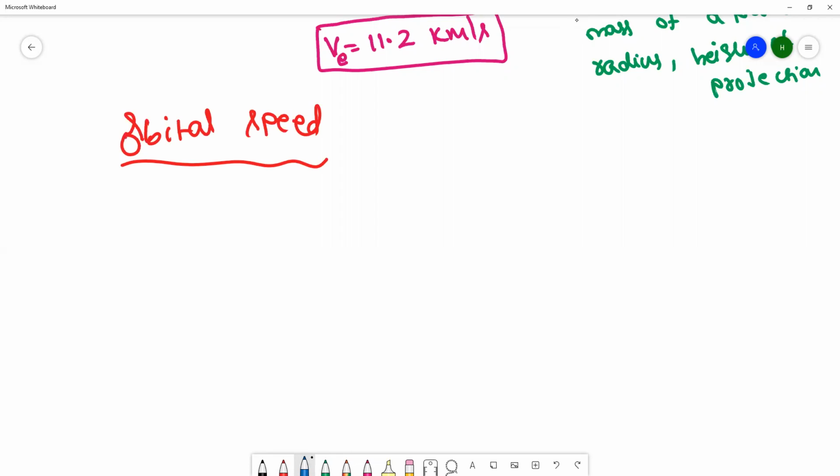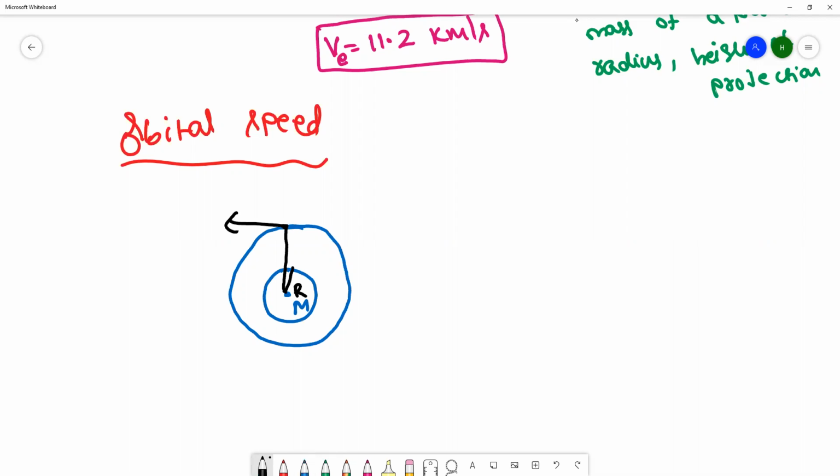You can take an object that is going to revolve around the planet. This is the mass M. You can take radius R. If you project, it should revolve in this path.